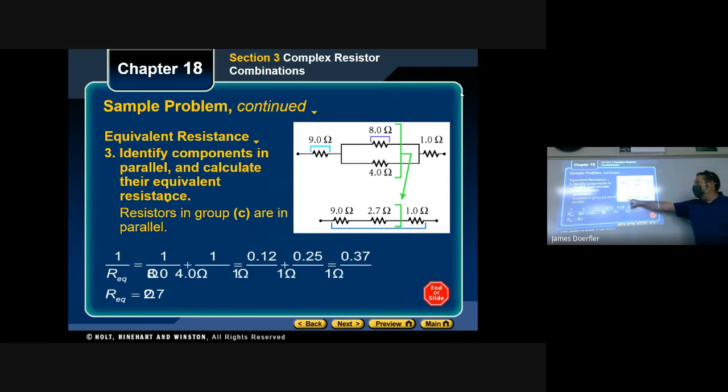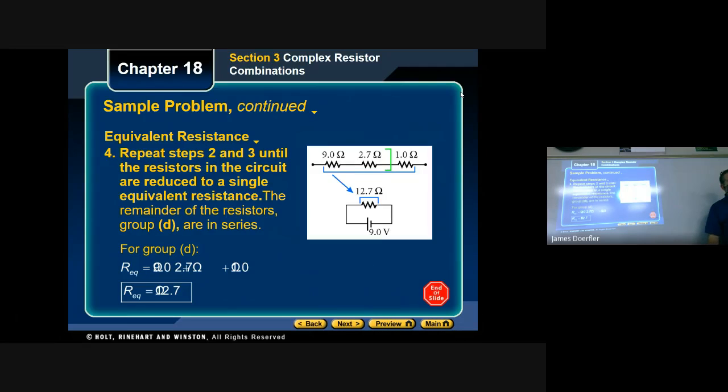Now look at all three of these. How are they now wired? Series. It's not like you are rewiring everything with every calculation, but you are mathematically simplifying this. Since these are in series, how do we find the equivalent resistance across the entire circuit? We simply add them up. We get 12.7.